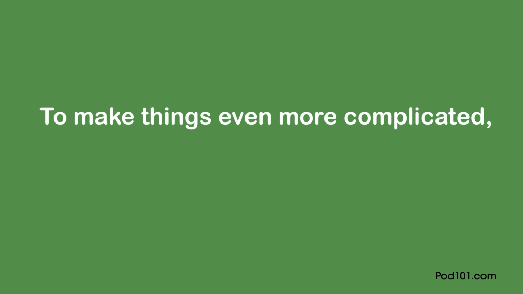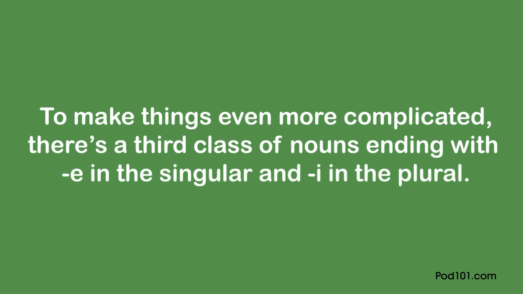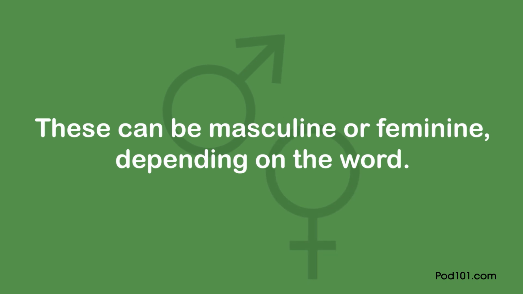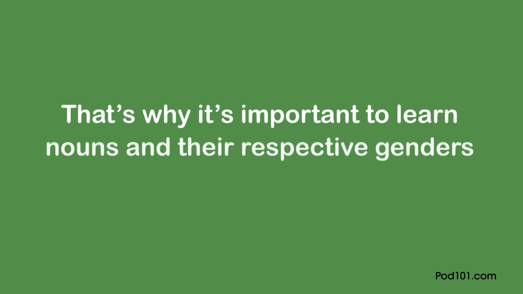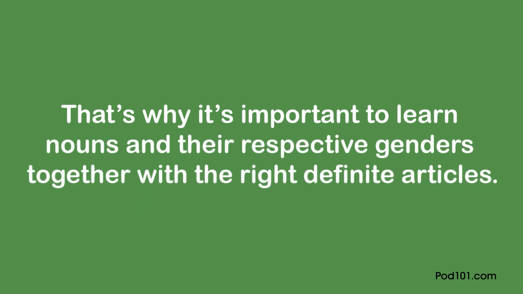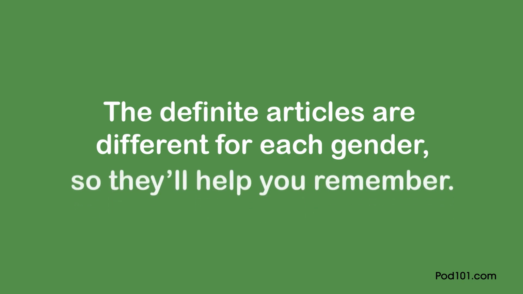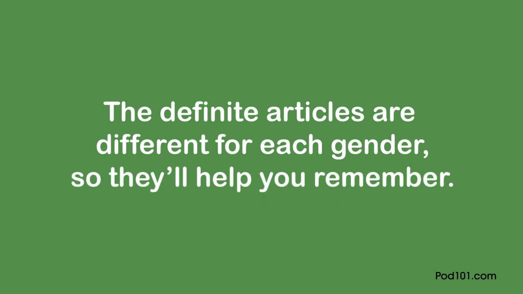To make things even more complicated, there is a third class of nouns ending with E in the singular and I in the plural. These can be masculine or feminine depending on the word. That's why it's important to learn nouns and their respective genders together with the right definite articles. The definite articles are different for each gender, so they'll help you remember.